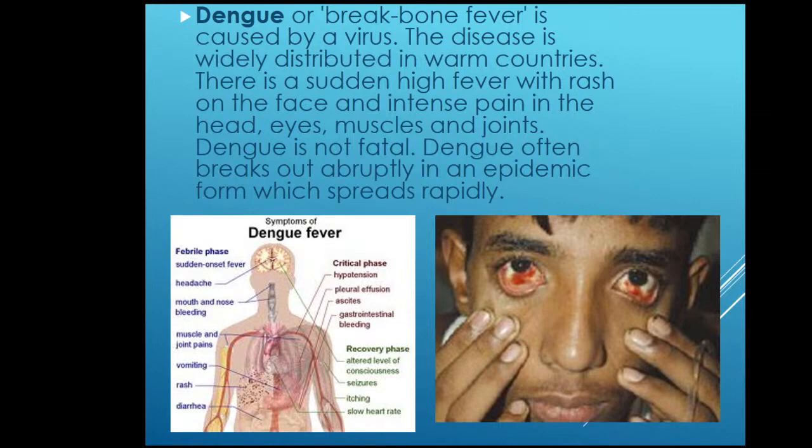The symptoms of this disorder are sudden high fever with a rash on the face, severe headache, and pain in eyes, muscles, and appendages. Dengue fever is not fatal, but some forms of dengue fever can develop very quickly. Here on this slide you can see the symptoms of this disorder.